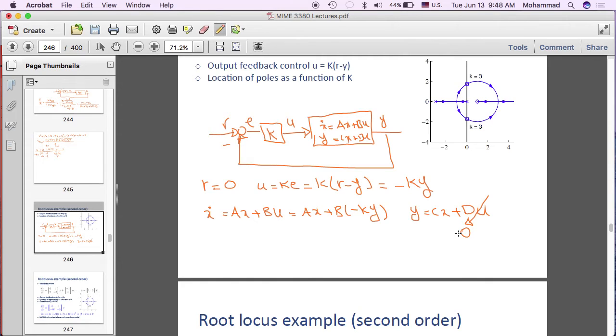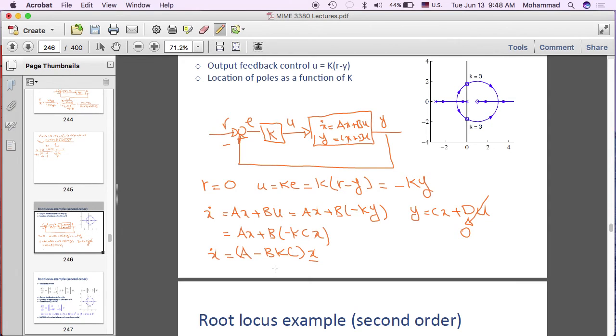So we can write y as cx. So let's rewrite this portion of the dynamics: ax plus b times minus k times c times x. x gets repeated for both terms, so I can factor it out. So I can write this as A minus b times k times c, times x. So this is x dot.